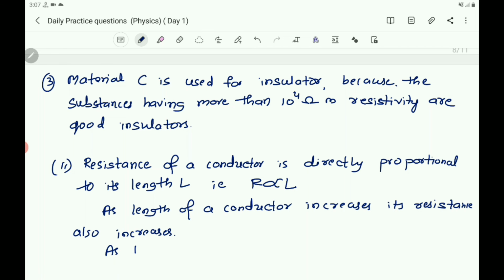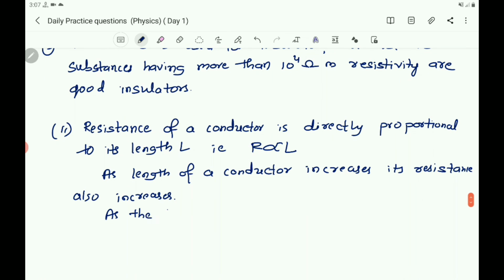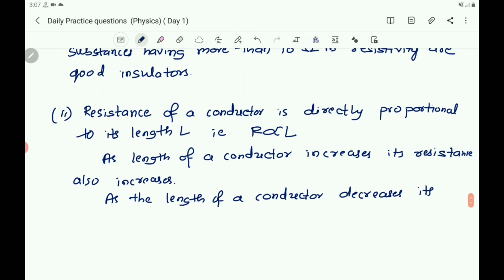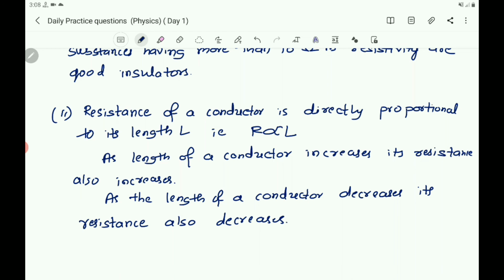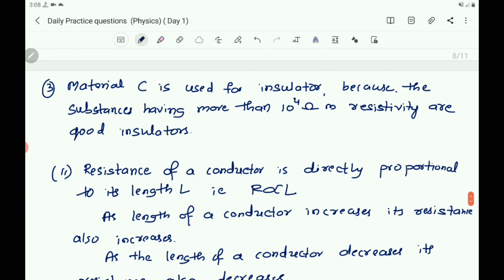As the length of a conductor decreases, its resistance also decreases. That is the answer for the last question, second part.